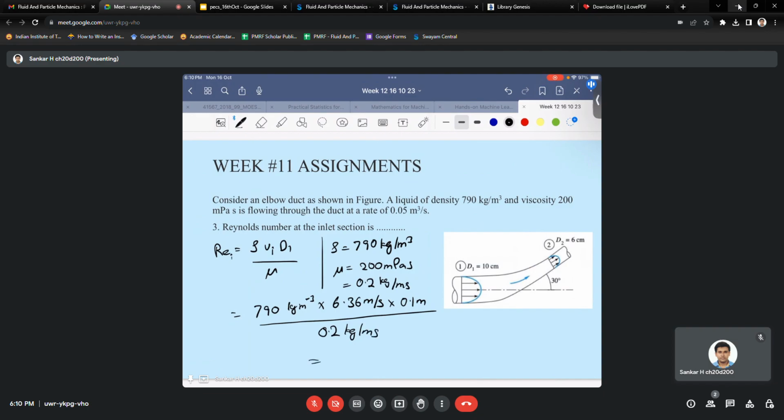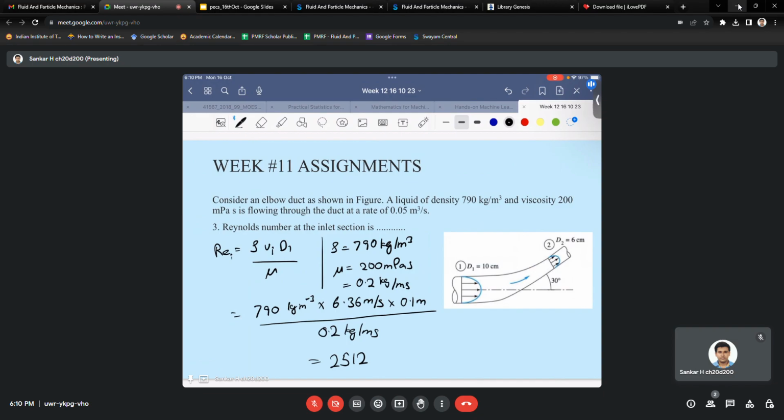Now these are all fairly straightforward calculations. I'll wait for a minute for you to complete and find out the answer here. Okay, the answer is 2512 is what I got.